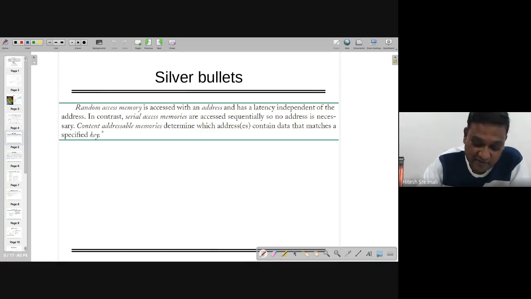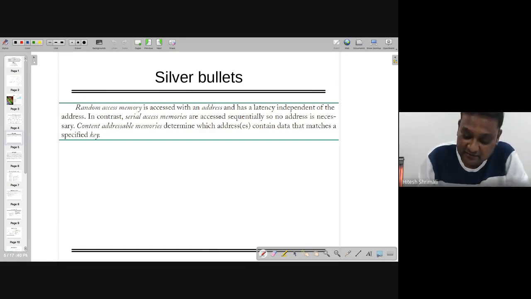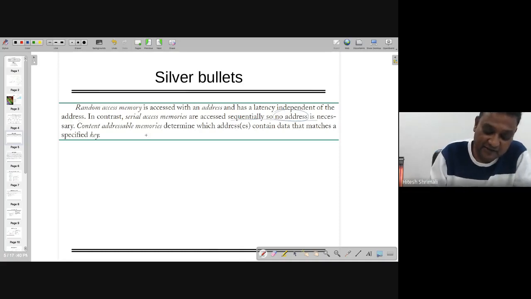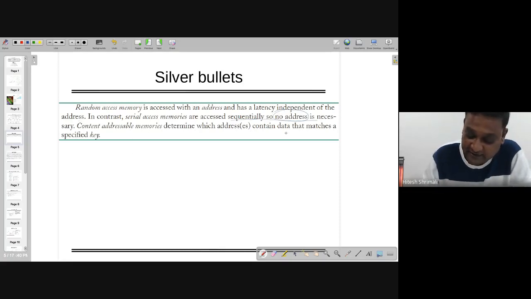Random access memory is accessed with an address and has a latency independent of the address. In contrast, serial access memories are accessed sequentially, so no address is necessary, as I told you. And content addressable memories determine which addresses contain data that matches the specified key.